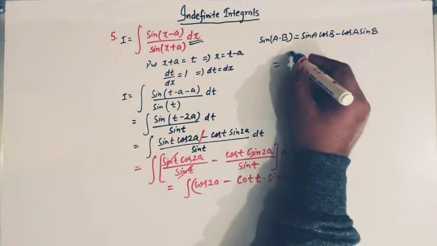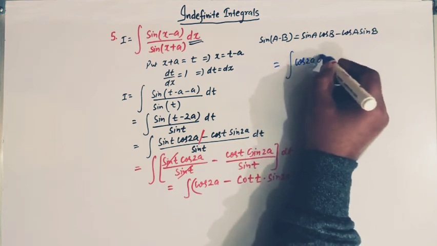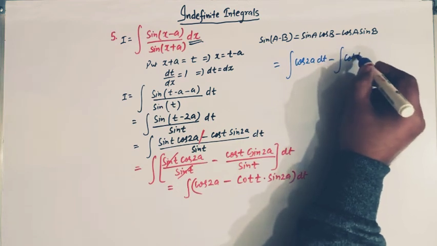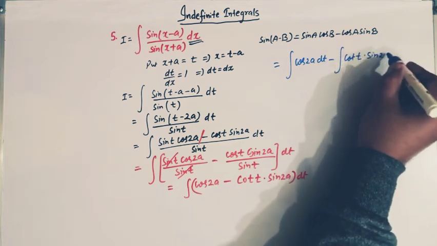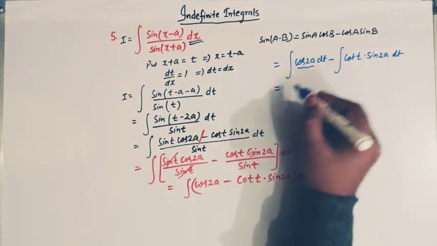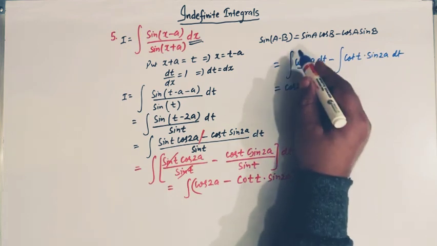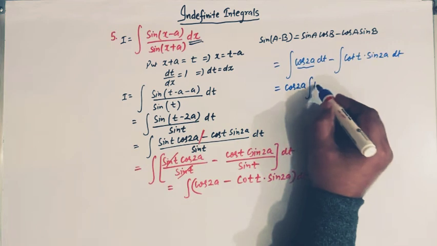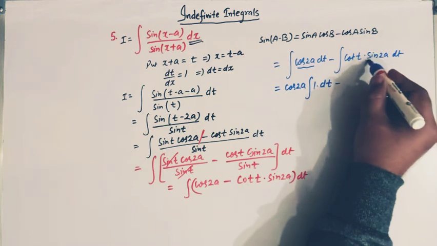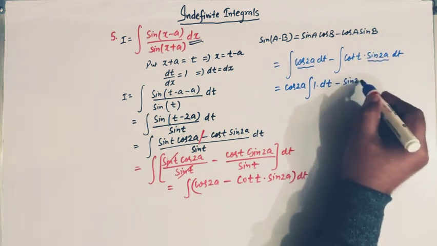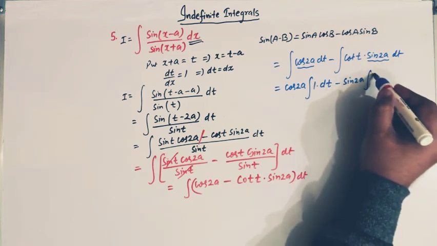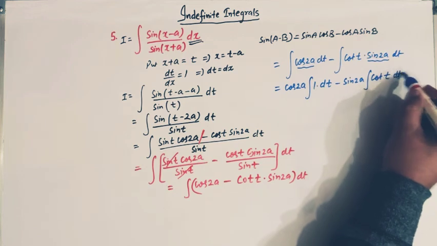So we can write integral of cos 2a dt minus integral of cot t times sine 2a dt. Now cos 2a is a constant, so we can write cos 2a outside this integral sign, and we have integral of 1 dt minus, here we have sine 2a as a constant, so we can write it outside the integral sign, and we have integral of cot t dt.